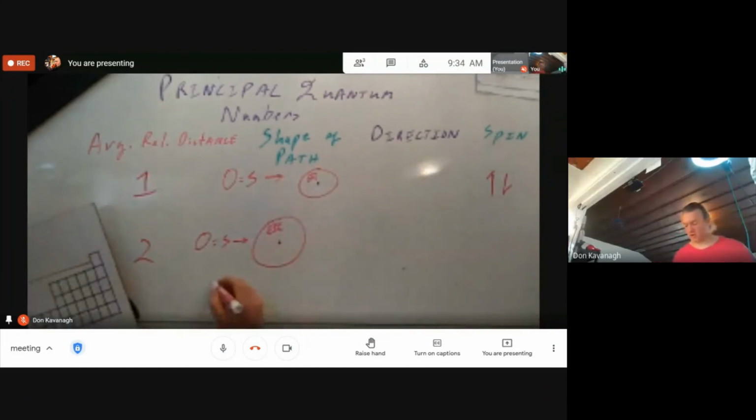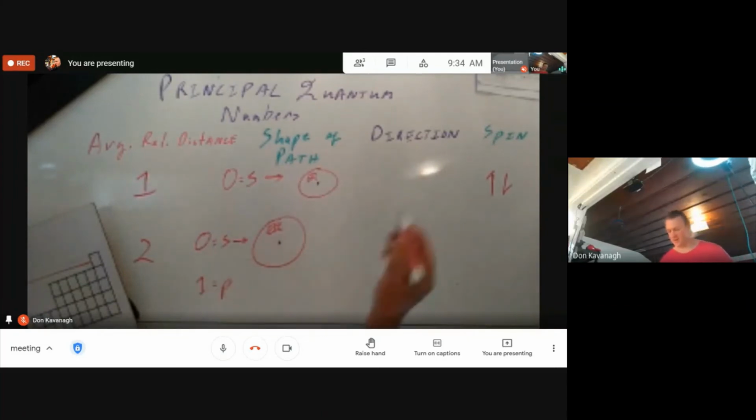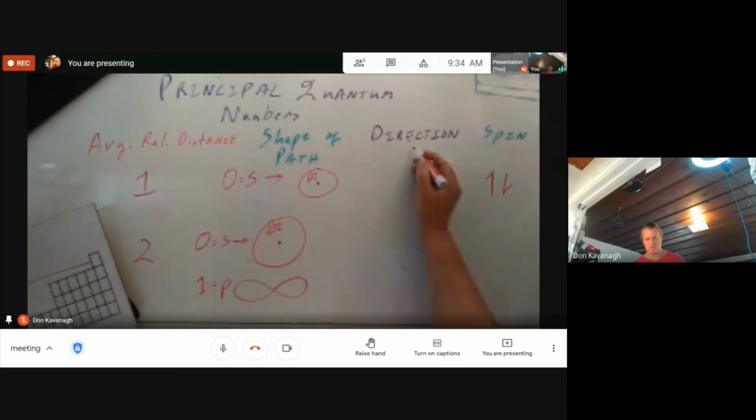These are called p orbitals, and they have 3, and I'm going to draw a generic p orbital right there. And there are directions to these p orbitals.